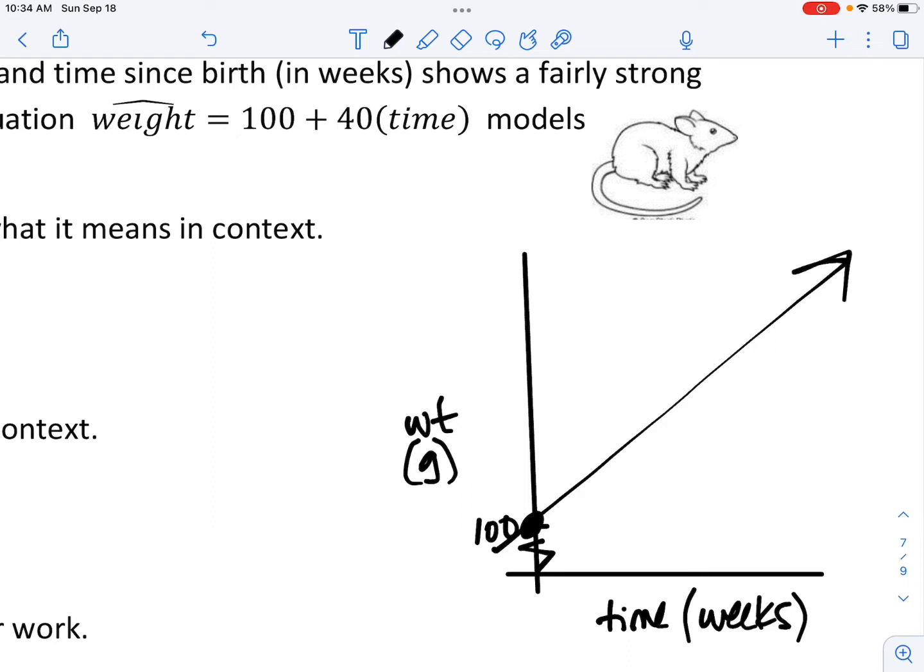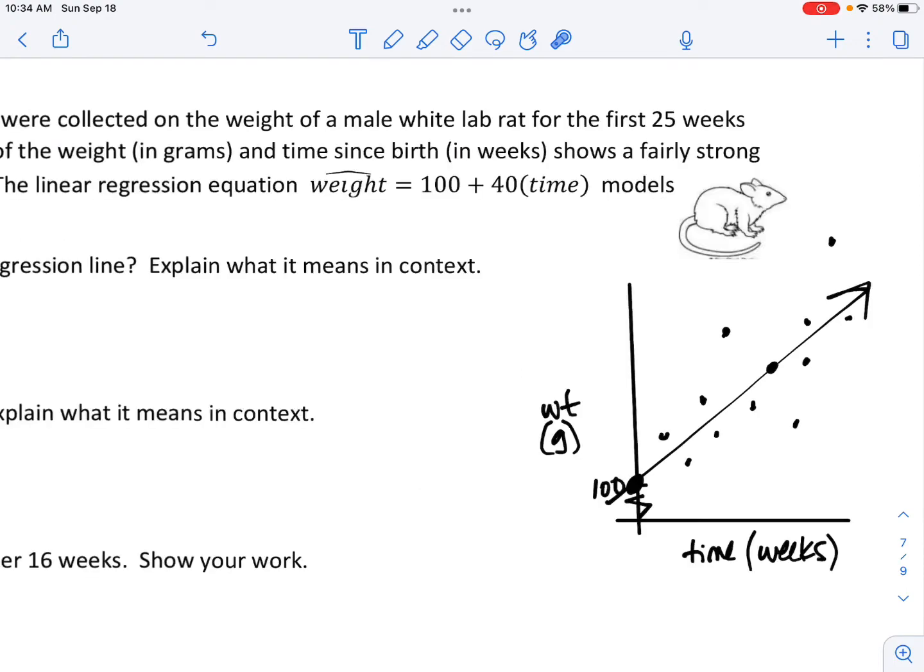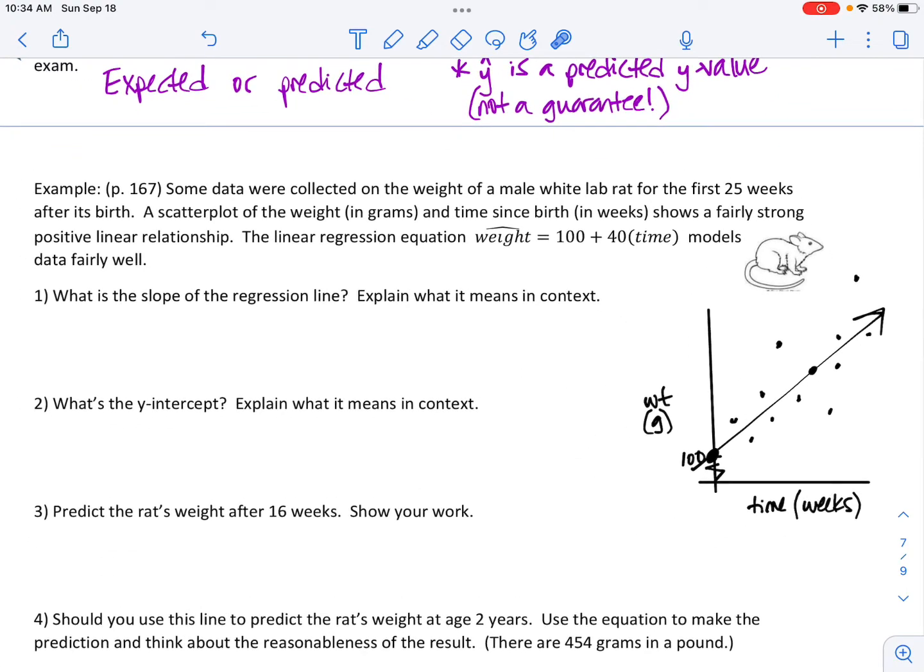And then we've got all these rats based on how old they are, that maybe they're going to fall close to the line. Some of them will fall really far away, etc. Okay, and we have a line of best fit that is a prediction. And that gives us an idea of how much we are expecting all of these rats to weigh, although it's not a guarantee.